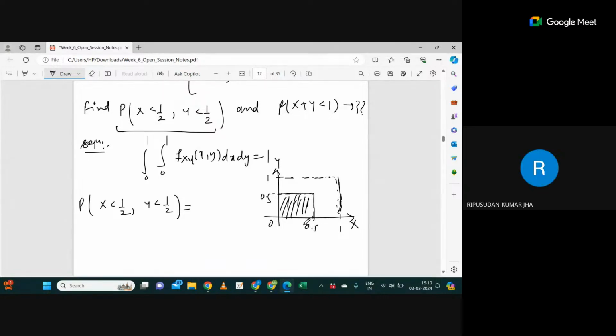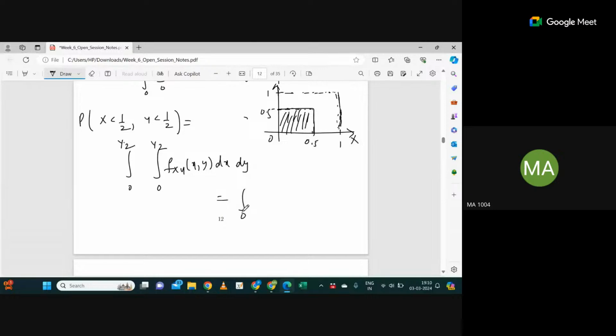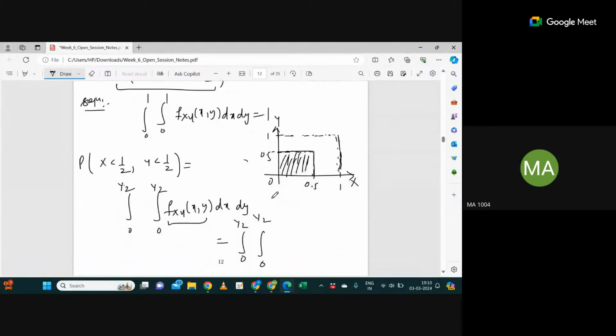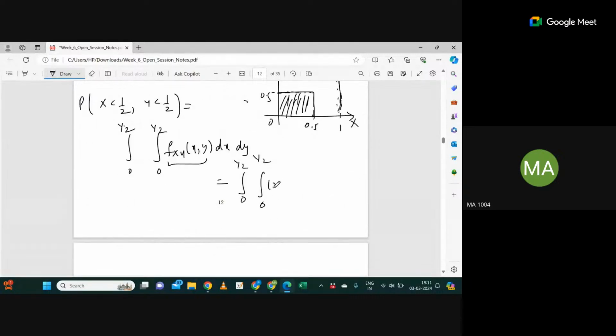Okay, so these are the conditions. Directly I can apply the integration here, 0 to half, right? And I have to integrate this with respect to dx and dy, 0 to half. Okay, let's do this. So 0 to half, 0 to half, and this one is nothing but x plus y, right? dx dy.